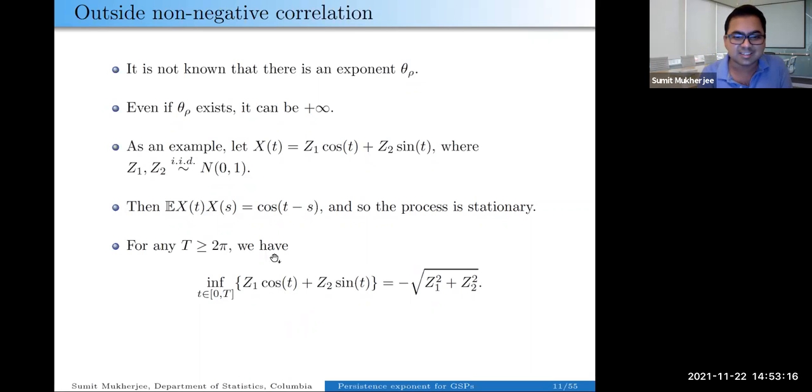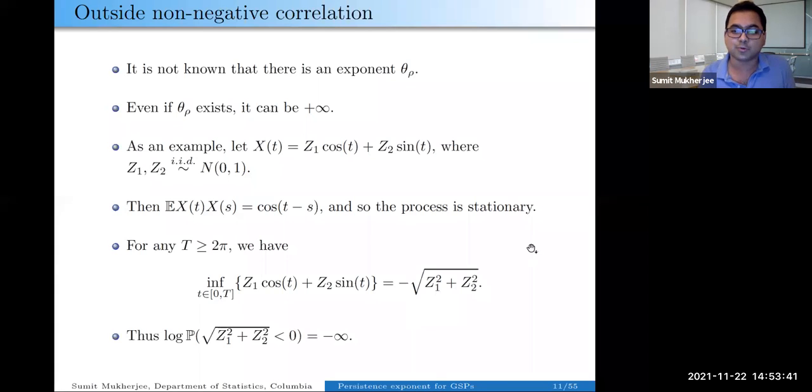You can characterize it in terms of r and theta, so this is very easy to compute directly. This infimum is exactly the negative of the square root of Z1 squared plus Z2 squared. In a similar vein, if you compute the supremum, it will be the same quantity with a positive sign. So it's a direct computation. There's no dependence on t as soon as t is larger than 2 pi.